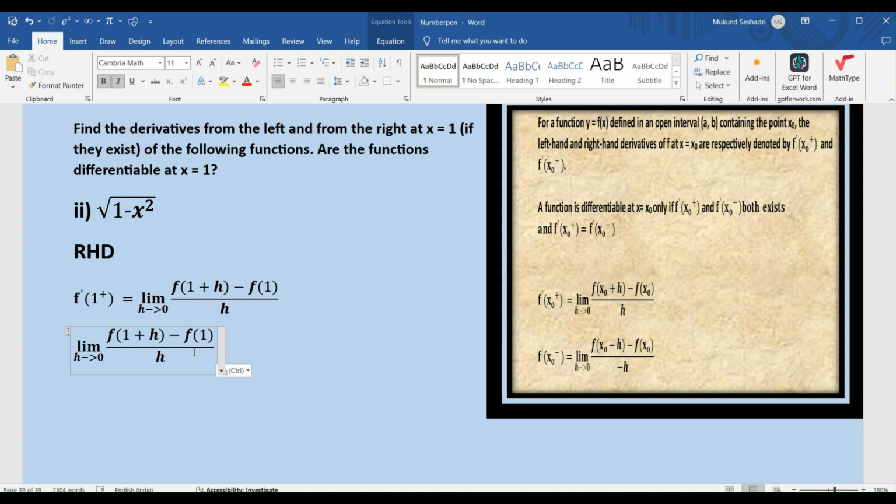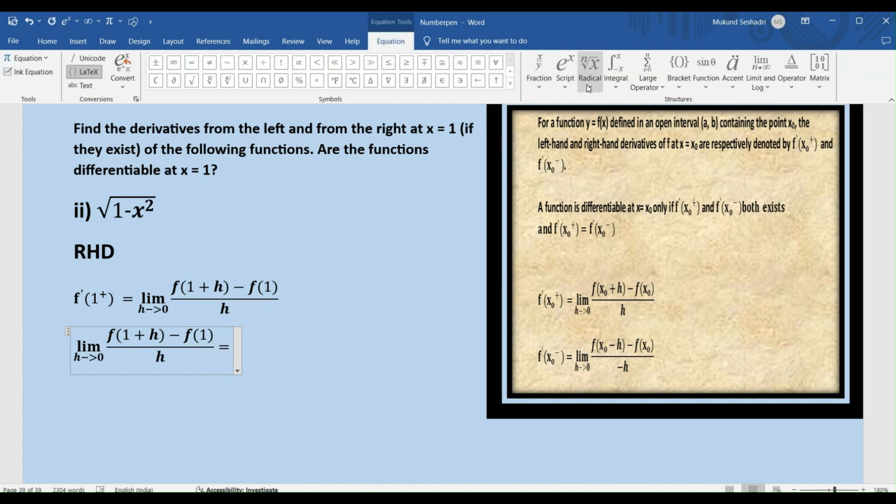And what is that? My f of 1 plus h becomes root of 1 minus, and instead of x square I have 1 plus h the whole square, right? And what is my f of 1?